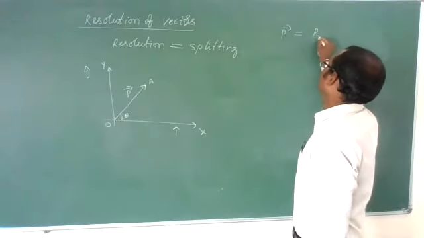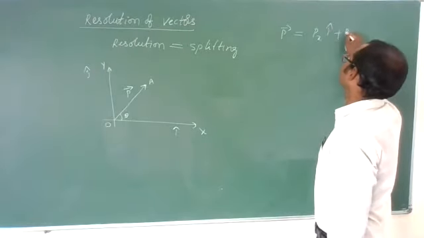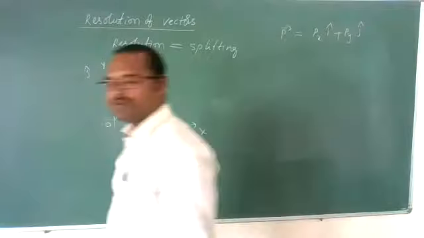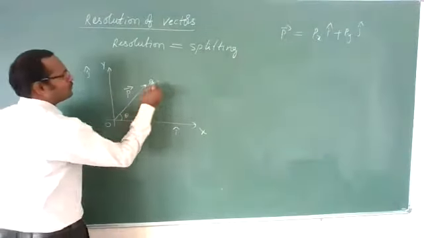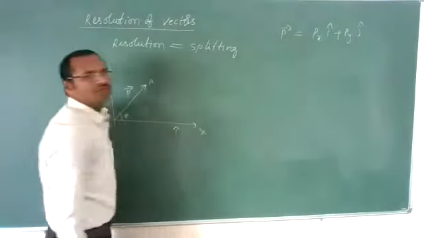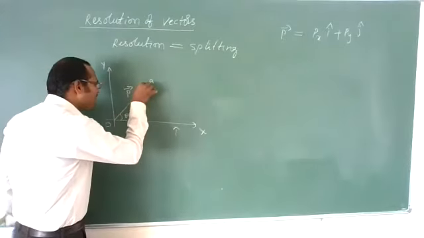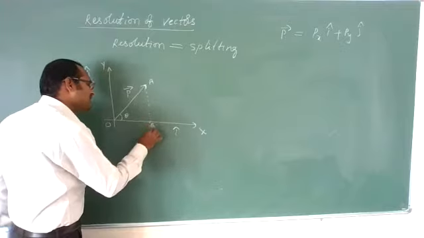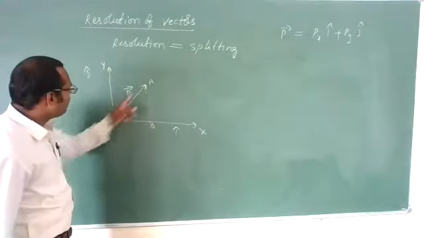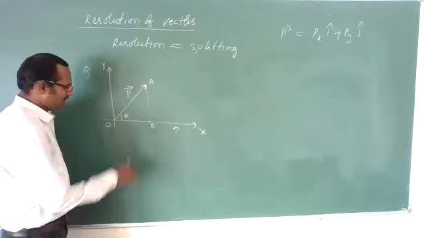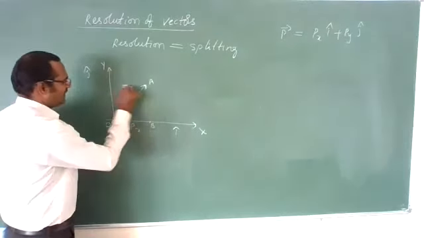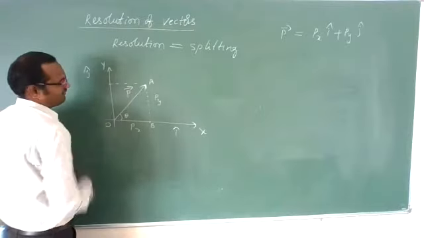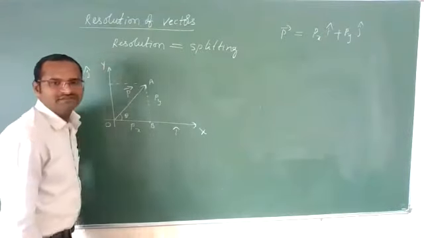You can write Px I cap plus Py j cap. That's it. Now to find Px, just draw one perpendicular onto the x-axis. This I am calling B. Now triangle OAB, a right-angled triangle, is here. This is Px and this is Py. Clear?